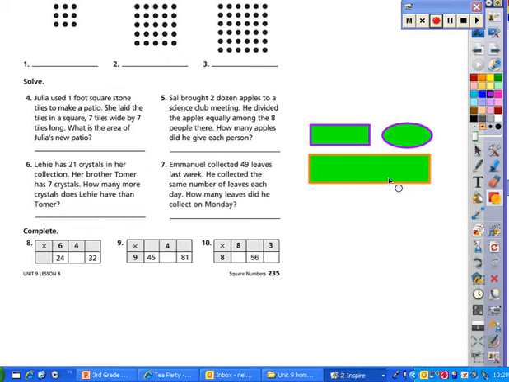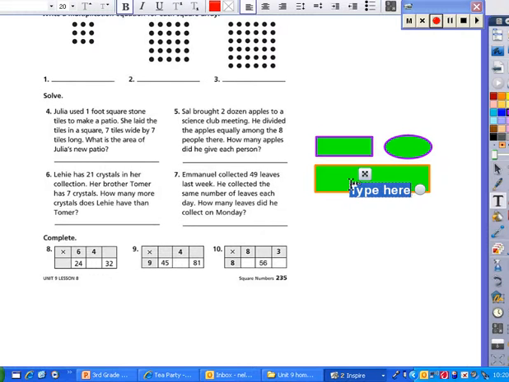So we know that altogether Leah has 21 crystals, and her brother Tomer has 7 crystals. How many more crystals does Leah have than Tomer? Remember, you can't go over 21, so you have to figure out your equation.